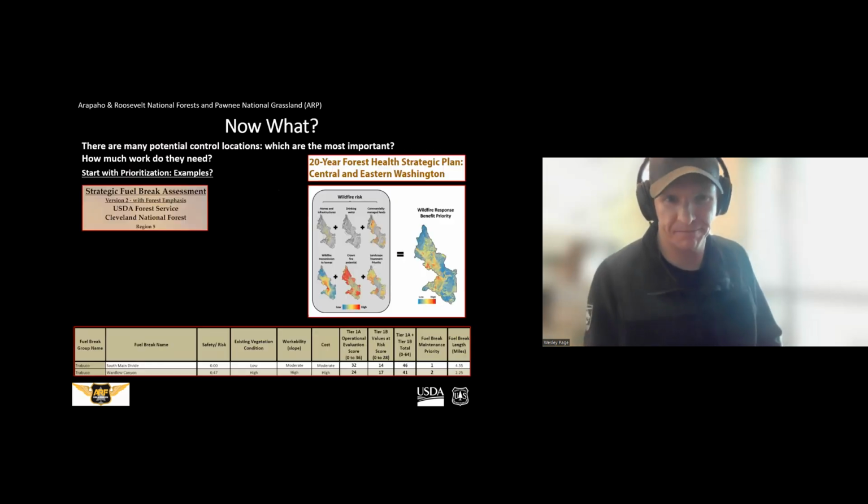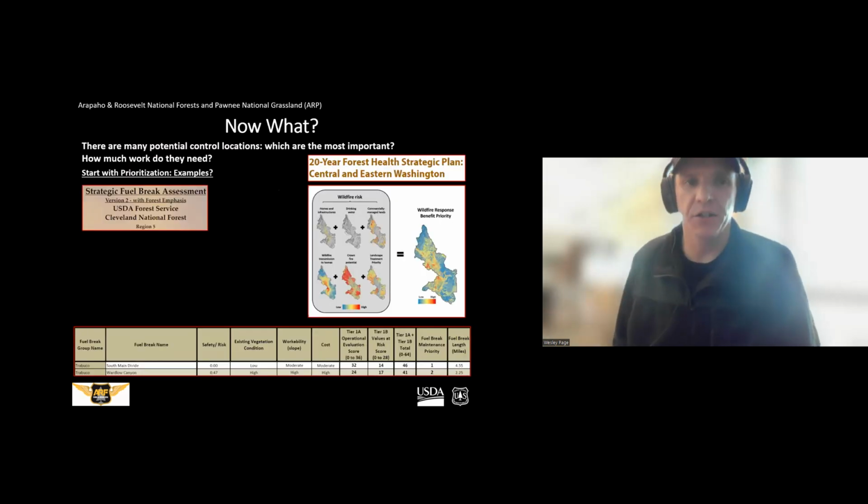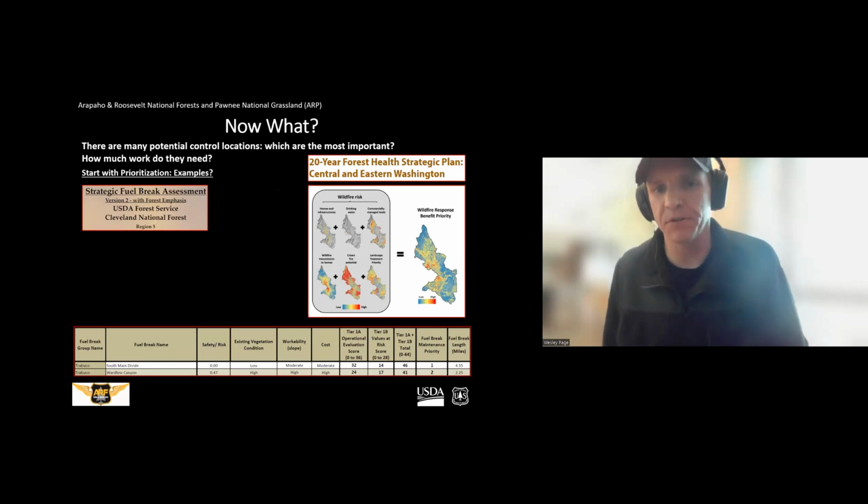So next slide. There are a lot of examples of how this has been done in the past. I just pulled a couple here that I've been personally involved with. On the Cleveland National Forest, for many, many years their program has been focused around creating fuel breaks on that landscape.